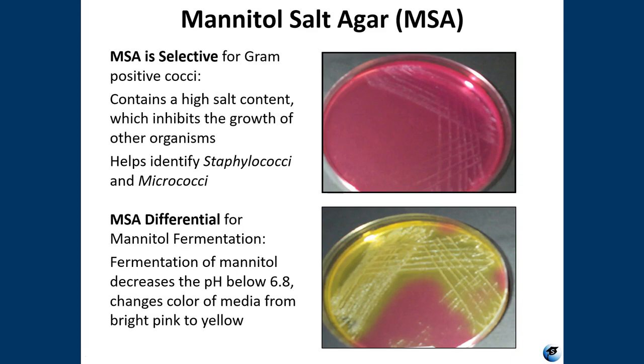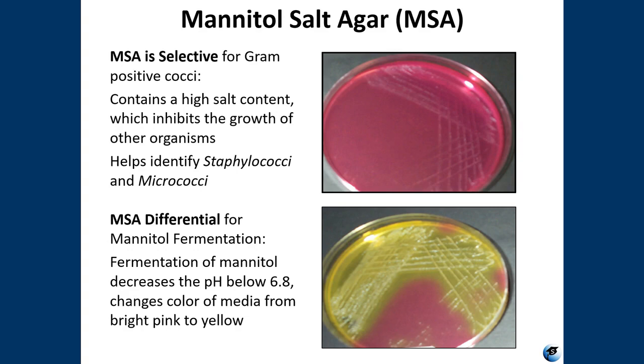Next you have MSA. MSA is selective for gram-positive cocci, and it also has to be gram-positive cocci that are halotolerant because, as it says in the name, mannitol salt agar, MSA contains a high salt content, which inhibits the growth of anything that is not halotolerant. These are generally used to identify usually staphylococci, but some micrococci.